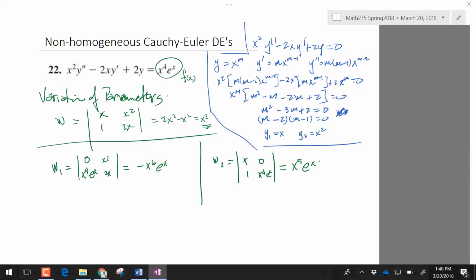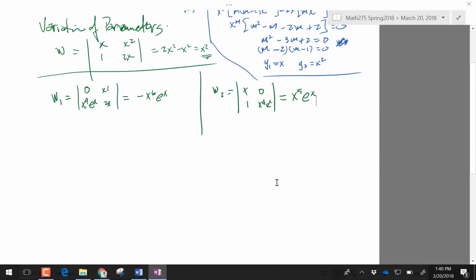Okay. So our u1 prime is going to be W1 over W, negative x to the sixth e to the x divided by x squared, negative x to the fourth e to the x.